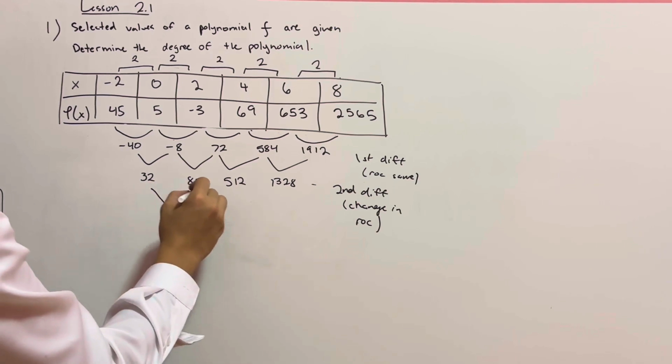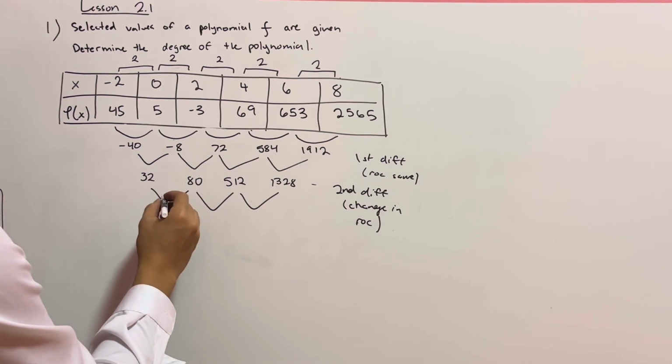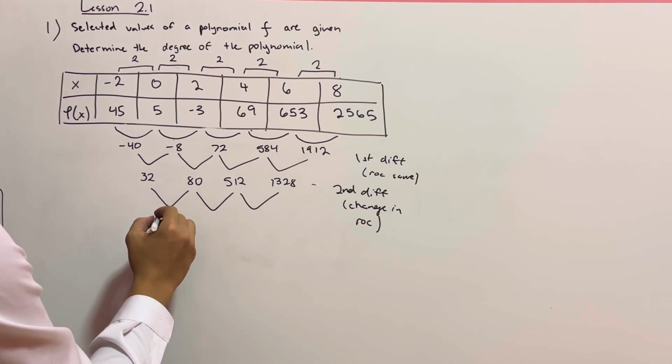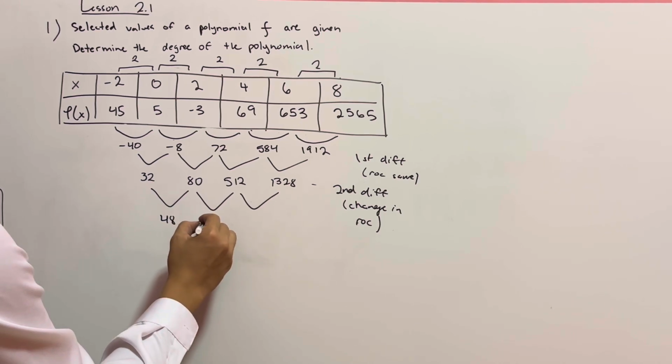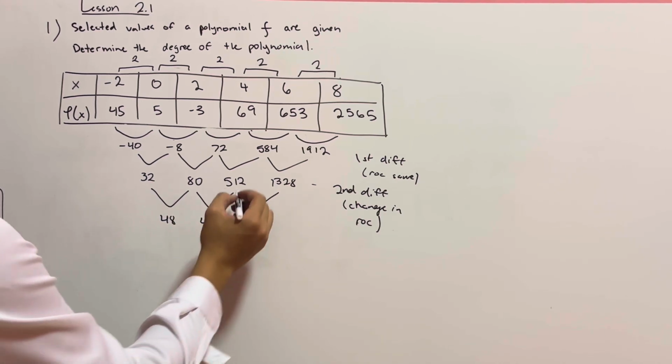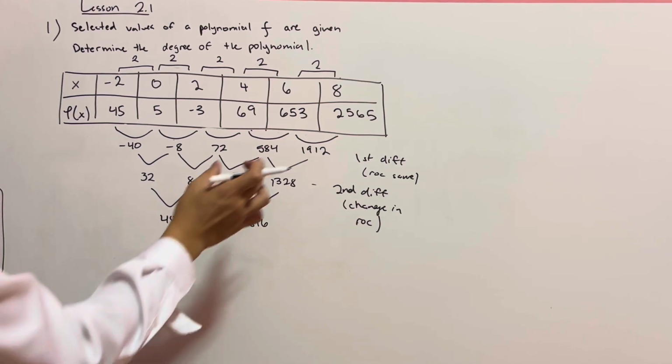We took the third difference to figure out if the polynomial is degree 3. So we have 48 for this, yes, okay, 432, and 816, right? Same kind of calculation.